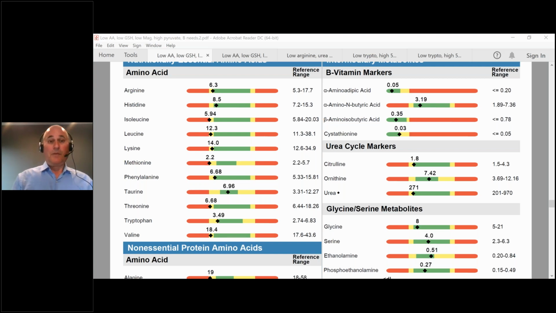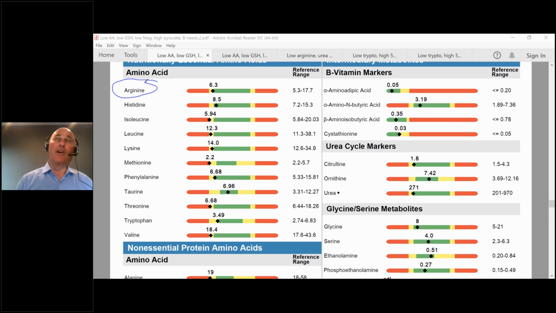Now, separate from that, we could think about the non-protein functions of some of these amino acids and how they would relate to what we're talking about. So right off the bat, arginine is low, and arginine is required for nitric oxide production, which is required for repairing endothelial cells, right? The endothelium.